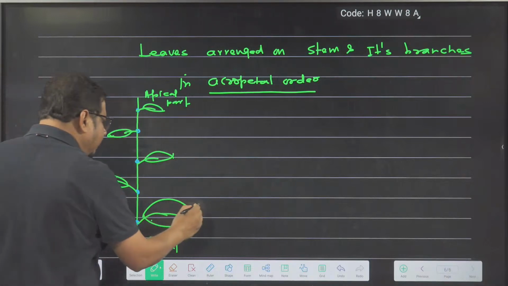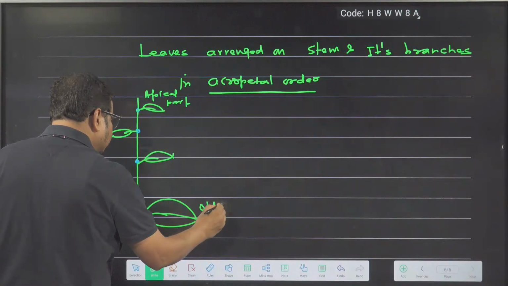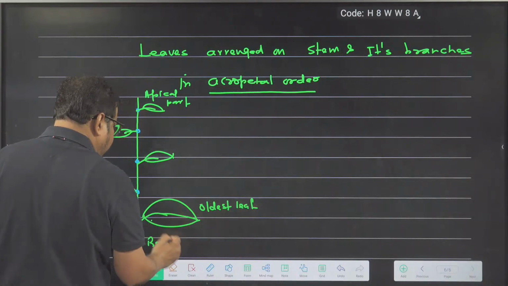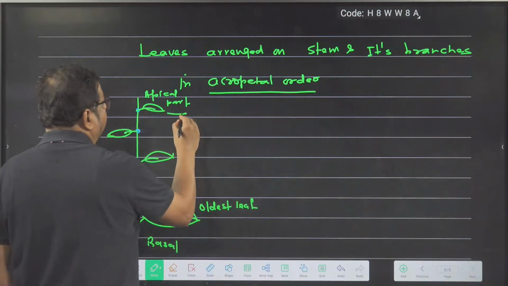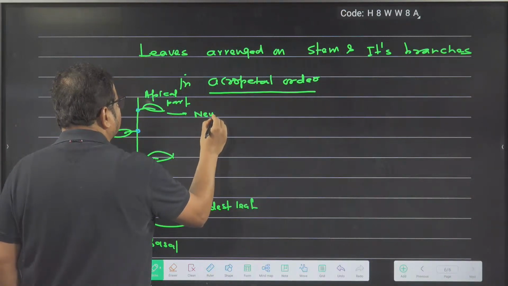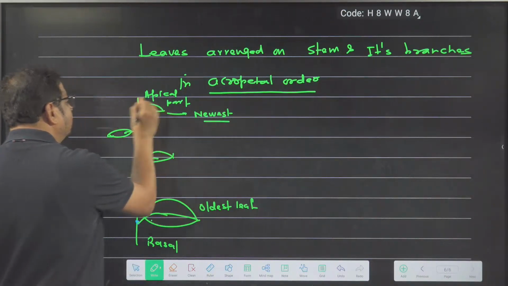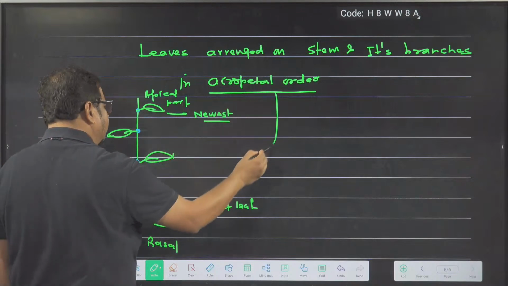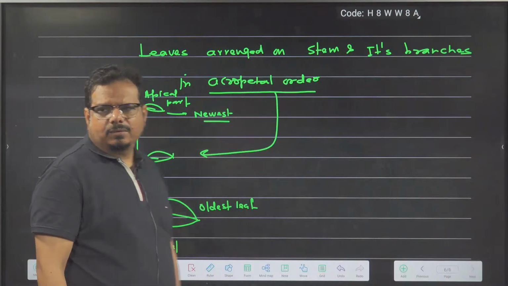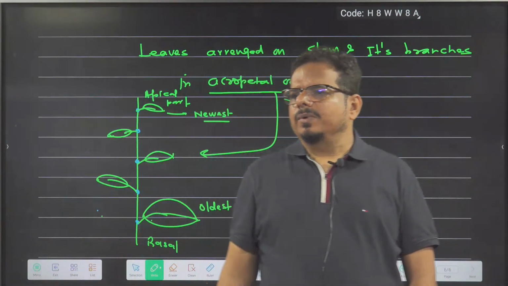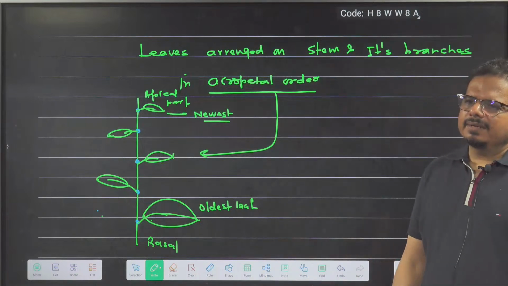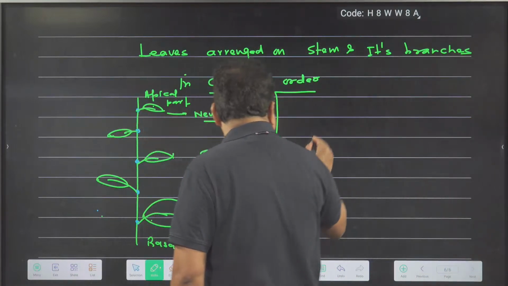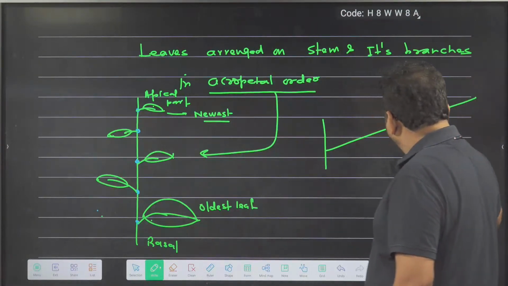The oldest leaf is present toward the base and the newest leaf is present toward the apex. This arrangement is called acropetal arrangement. You got the idea what acropetal arrangement is? Toward the base, older leaves are there; toward the apex, newer leaves are there, as the branch grows.